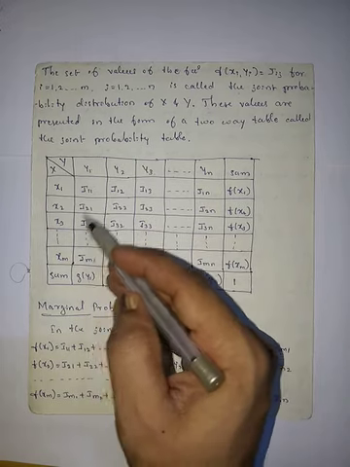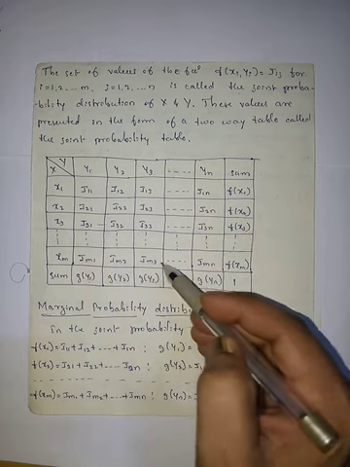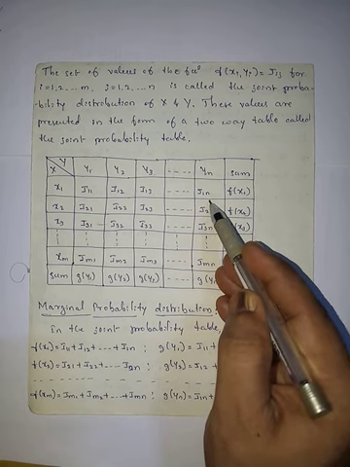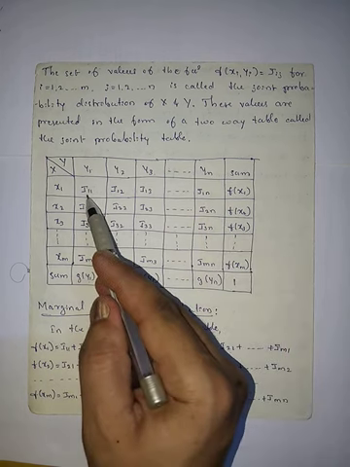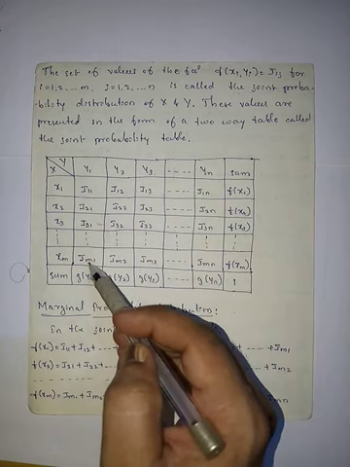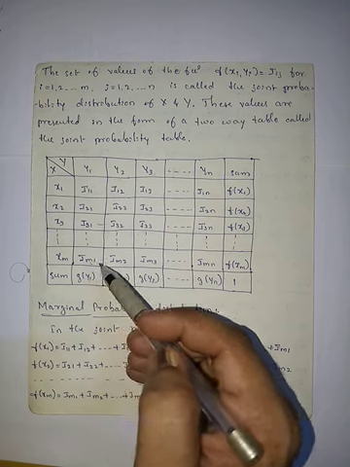Likewise, we take the combination of the values of x and y, and these are the joint probabilities of x and y. The notations, like all the j here, are the joint probabilities of x and y.